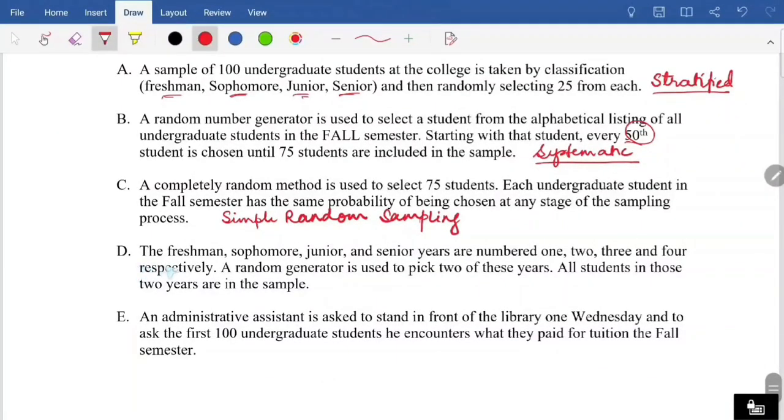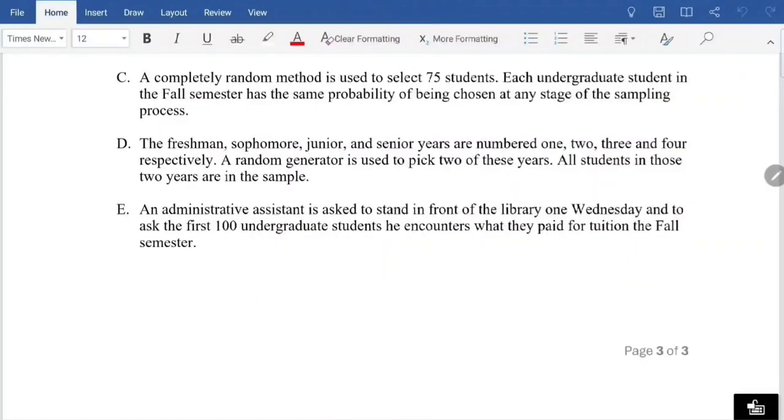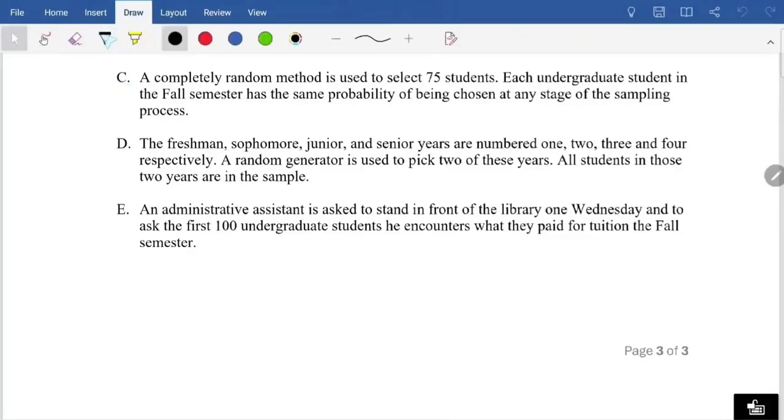And then number D says the freshman, sophomore, junior and senior years are numbered 1, 2, 3 and 4 respectively. A random generator is used to pick 2 of these years. All students in those 2 years are in the sample. This is a situation where we use cluster sampling.